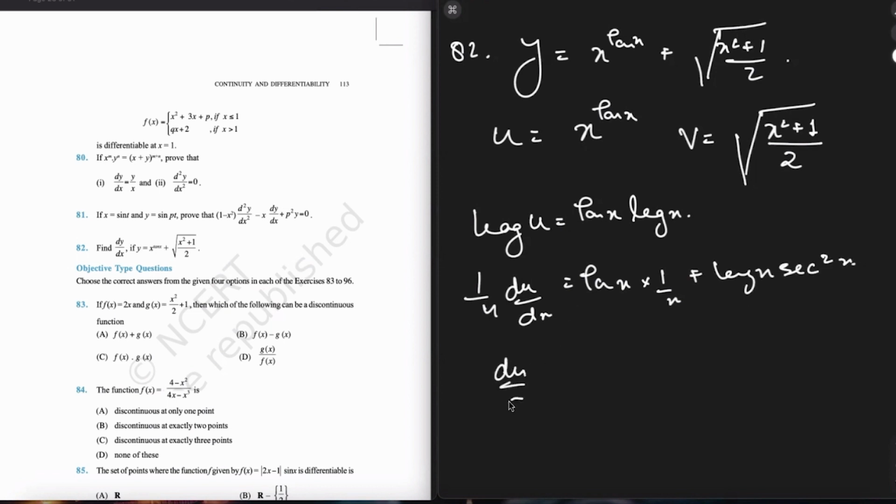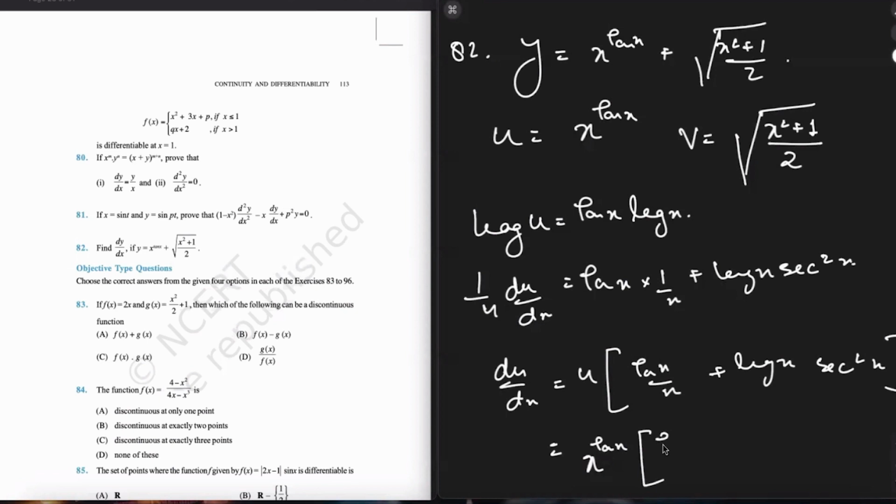So du by dx is equal to u times (tan x upon x plus log x sec square x), and u will be x raised to the power tan x, so tan x upon x plus log of x sec square x. This will be your du by dx.